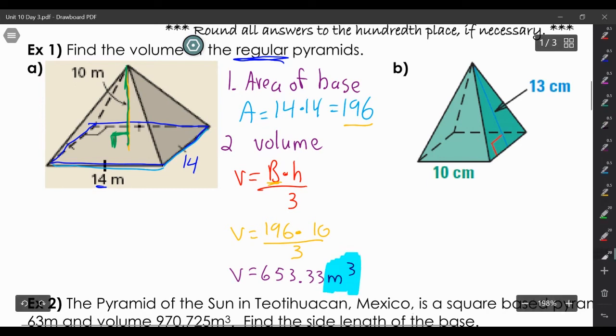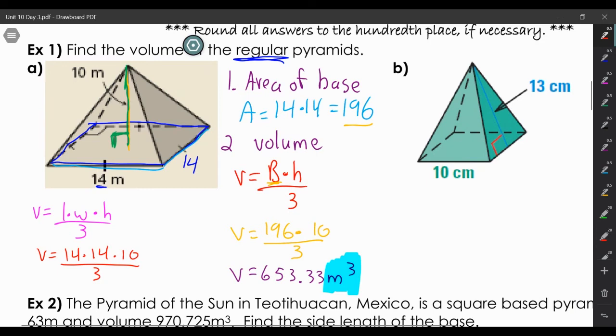Now, you may remember from middle school, isn't volume length times width times height divided by 3? Yes, this works for a rectangular pyramid. Remember, all squares are rectangles. So you could have done 14 times 14 times 10 over 3, and you would have gotten the same answer.